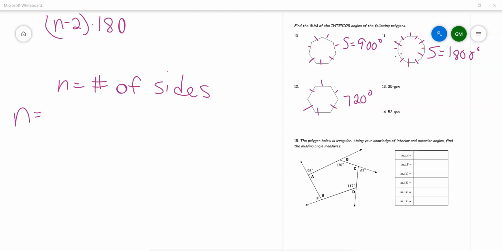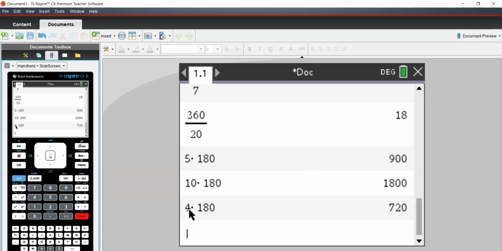13 specifies that it wants us to find the interior angles for a 35-sided polygon. So again, 35 minus 2 times 180. Let's go ahead and run that through the calculator. Again, we can just do exactly what we see. Make sure you write down what you want to type into the calculator.